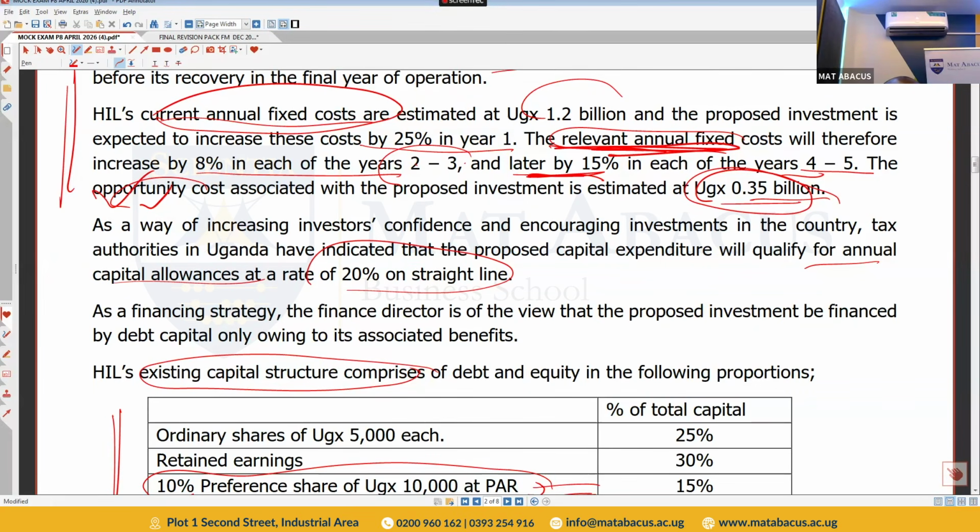So now, as a way of increasing investors' confidence and encouraging investment in the country, tax authorities in Uganda have indicated that the proposed capital expenditure will qualify for annual capital allowance at the rate of 20%. Straight line. So we have to do a working.